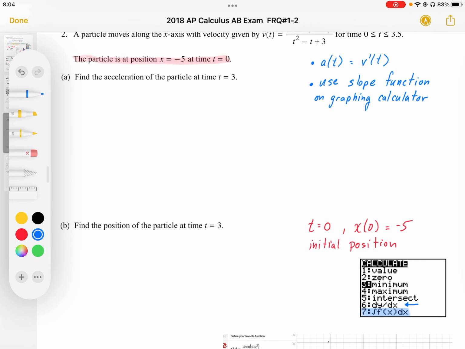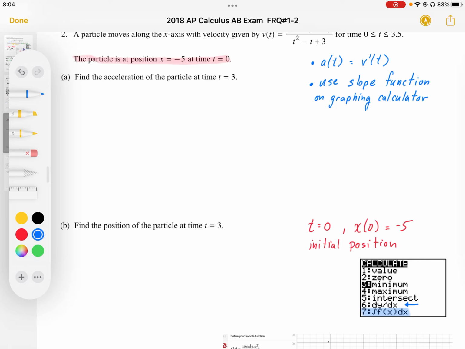3. So going to our calc menu, once we've graphed this function, we want to find dy by dx, and it will give you the option at x equals, and we want to use x equals 3.